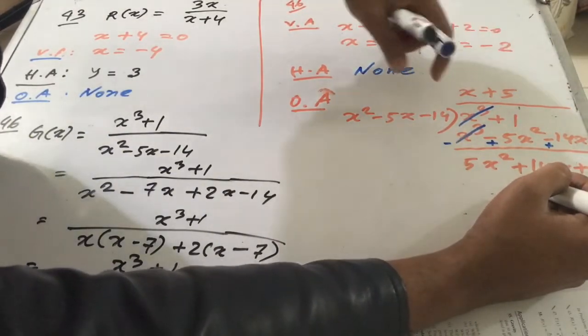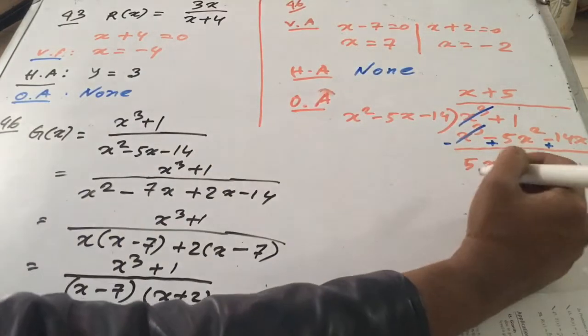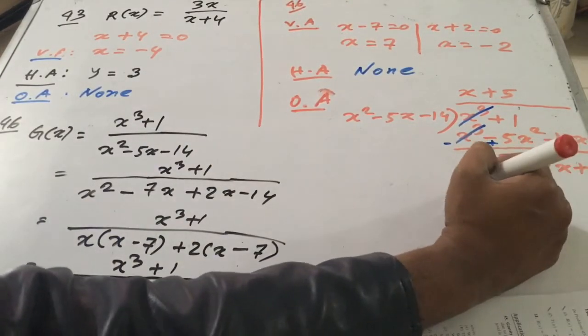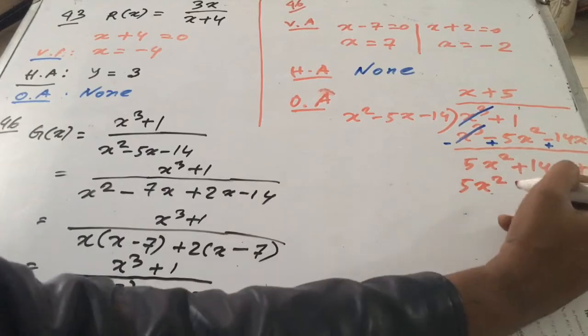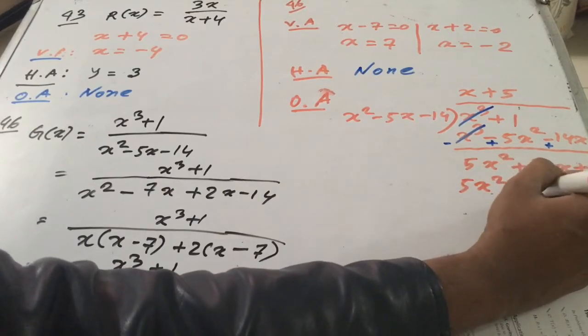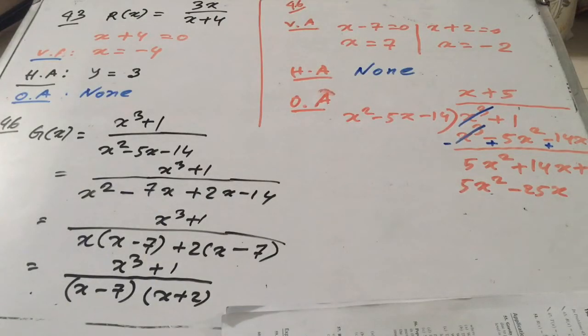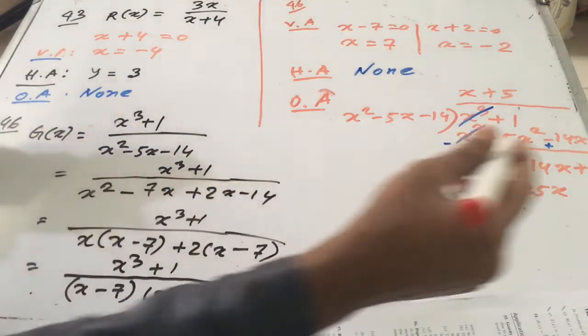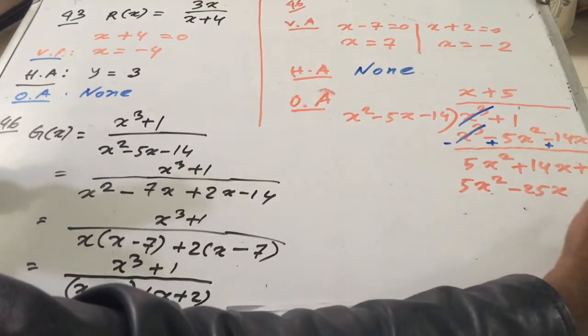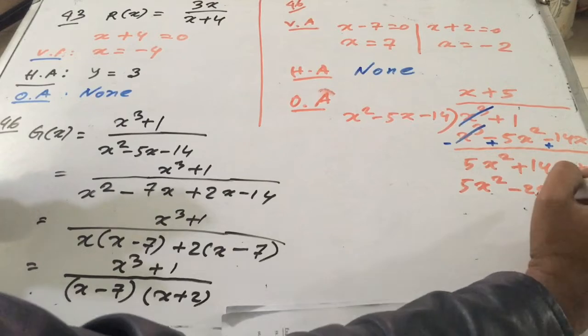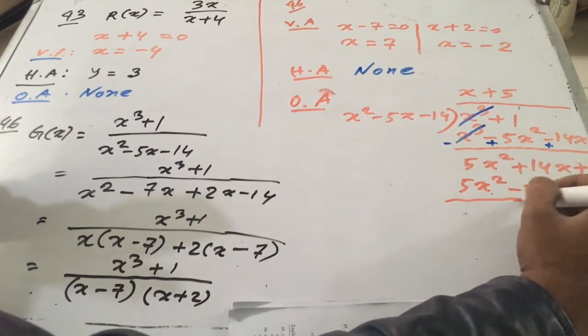Now I am multiplying this entire line by 5, so it will be 5x squared, then minus 25x, and 5 into 14. 5 into 14 maybe 70. Let's validate it. 14 into 5, yeah, 70. So minus 70, and subtract it.